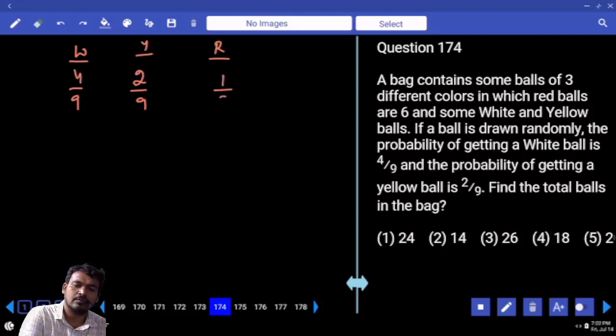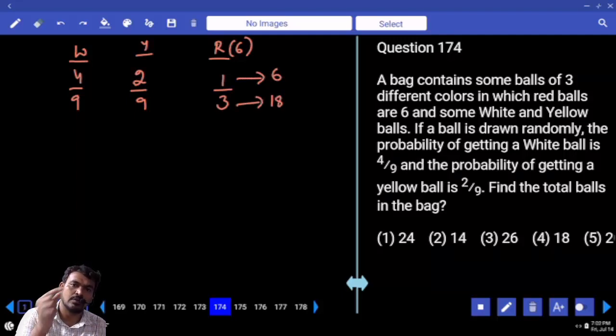The red probability. But how many red balls are given? 6 balls. So 1 part equals 6 balls. Then 3 parts are 18 balls.